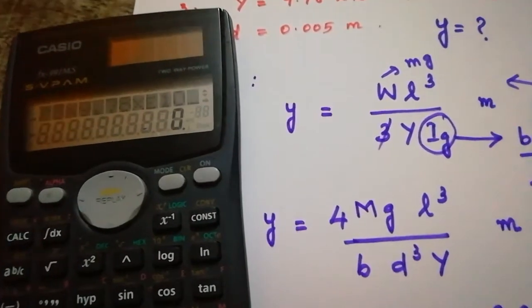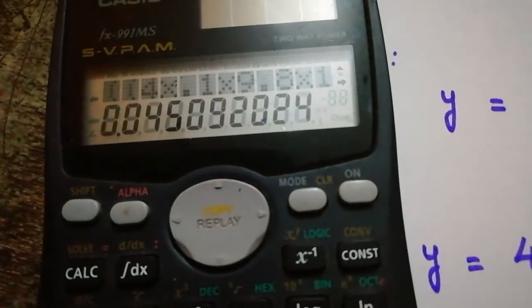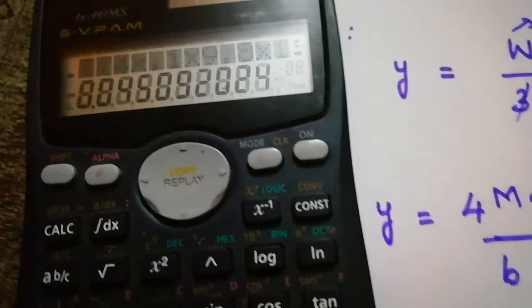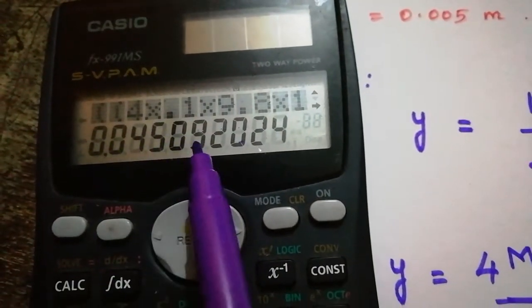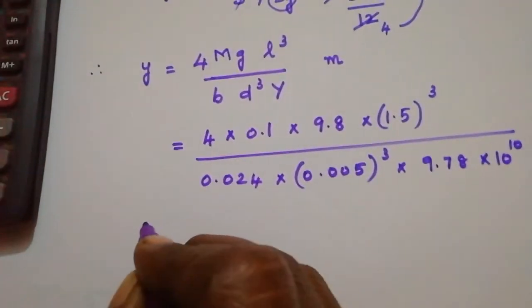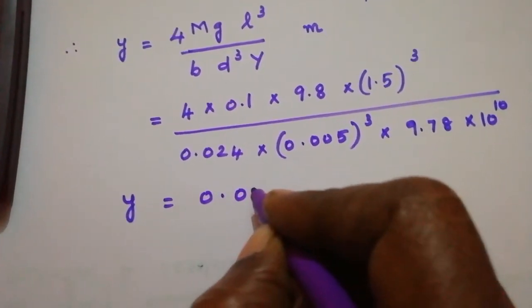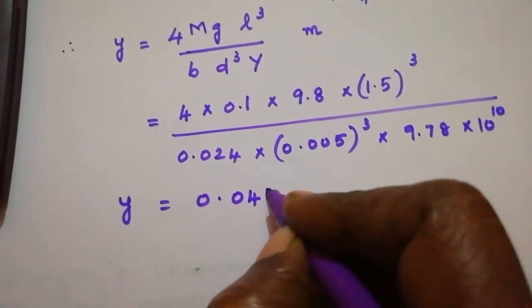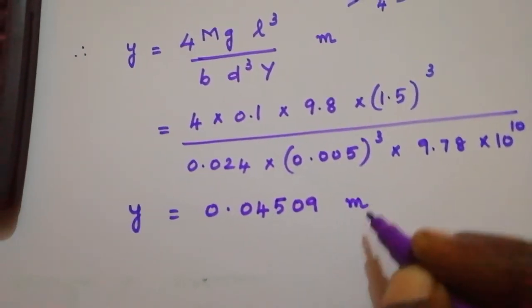I am closing it with double bracket, and I have got 0.04509. So I am writing it here. The depression y is equal to 0.04509 in meters.